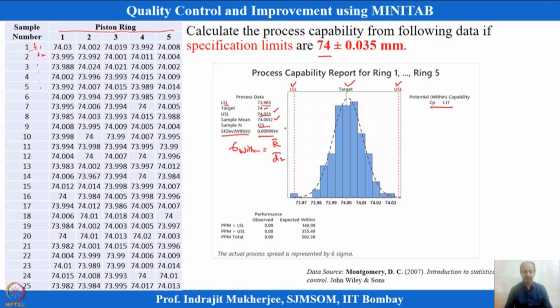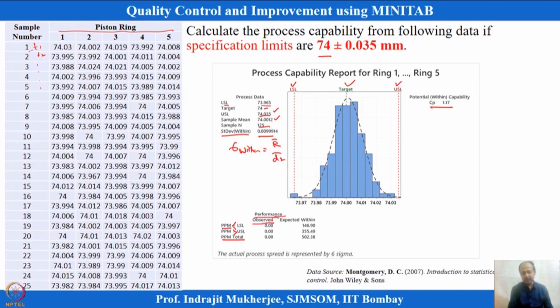So, MINITAB, you can assume, and also you will find that the performance index will be provided over here. There is a term known as ppm less than LSL and ppm greater than USL, and ppm total. ppm means parts per million basically. So, the number of items that will fall outside the USL and below the LSL will be given as performance over here.